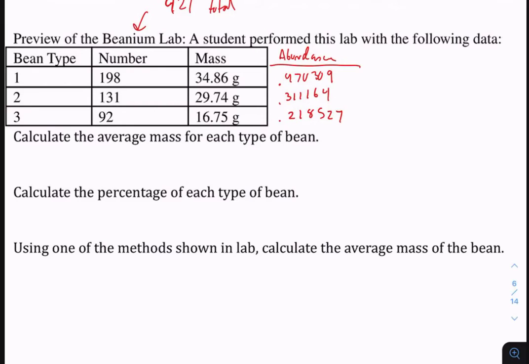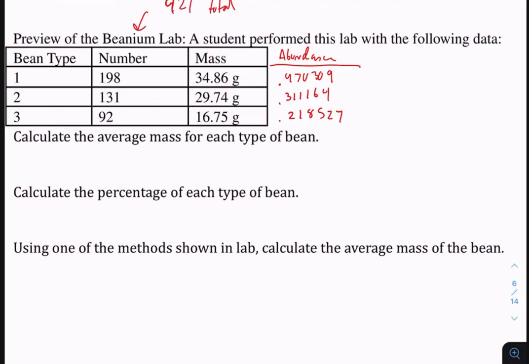Now I need the average per category. So if I said find the average mass per bean for bean type 1, how would you find it? Yeah, Caden. You would take the mass and divide it. You're right, keep going. Yeah, you would take the mass and divide it by the number.